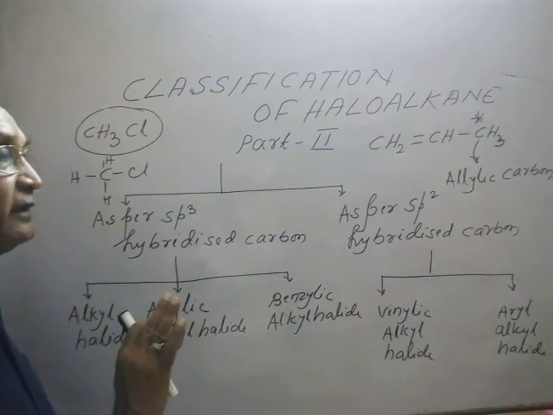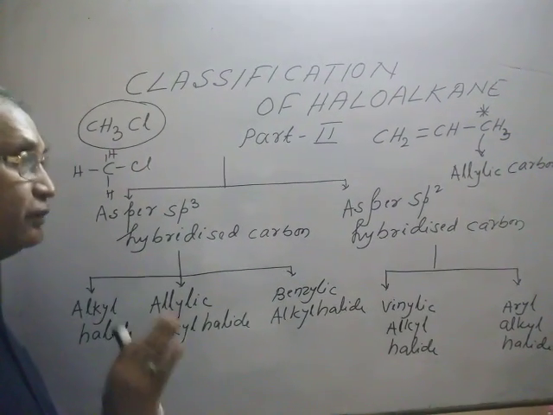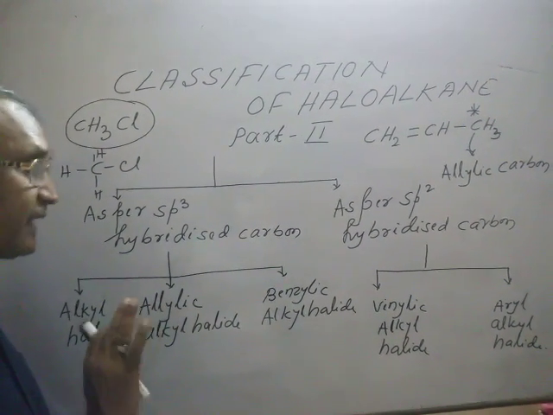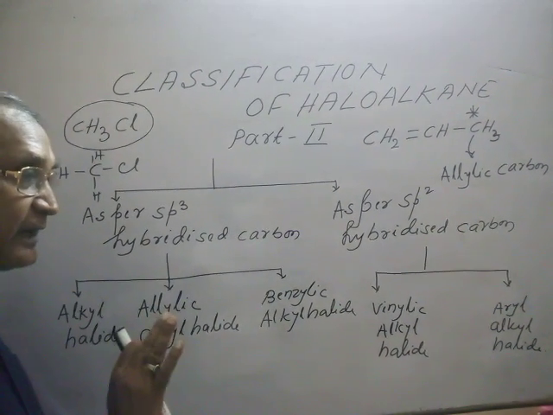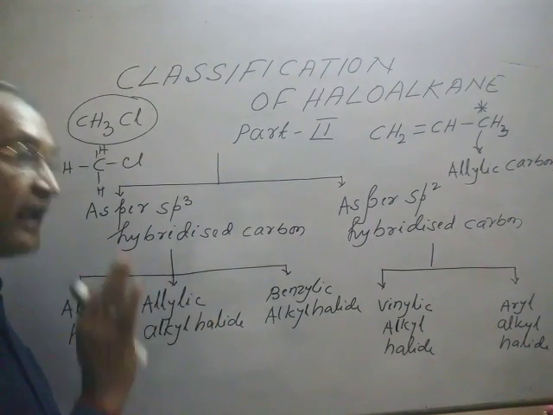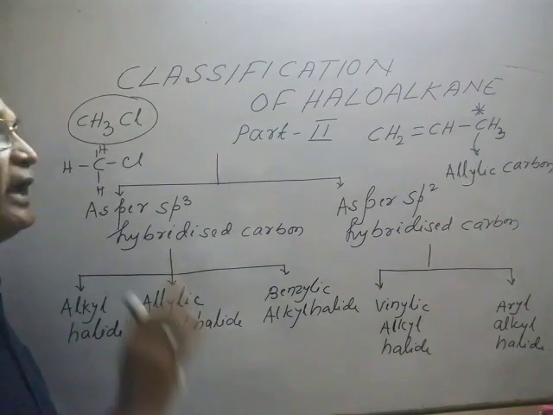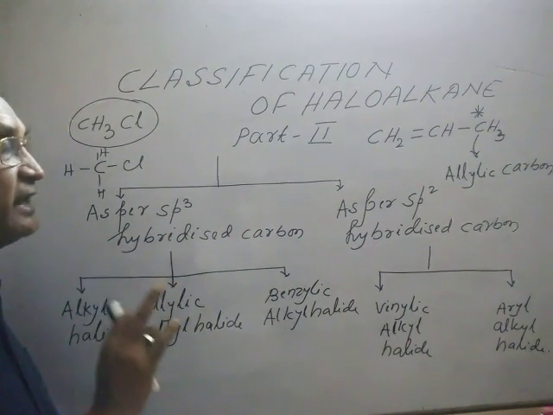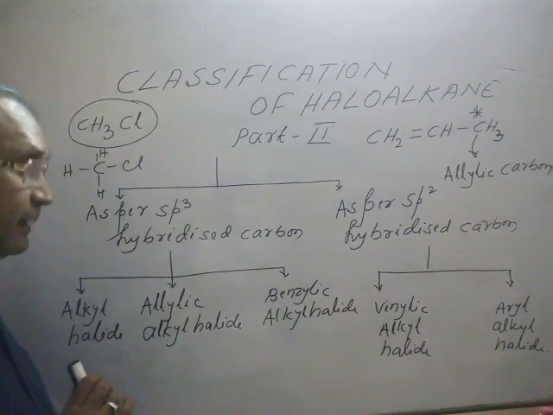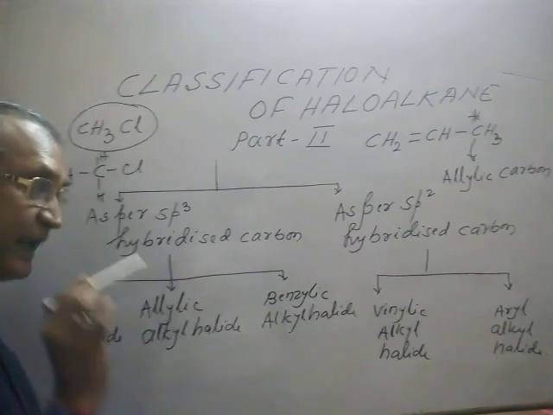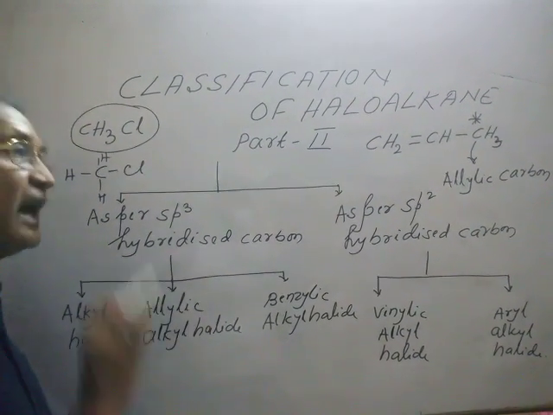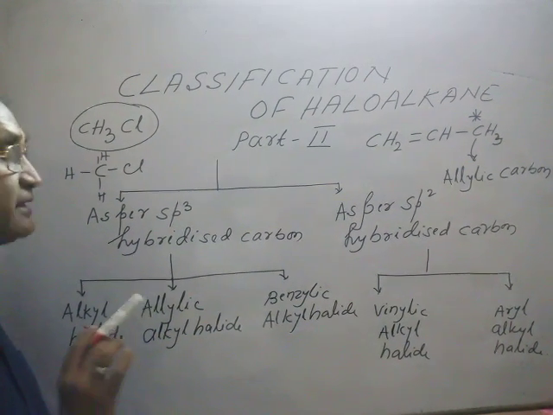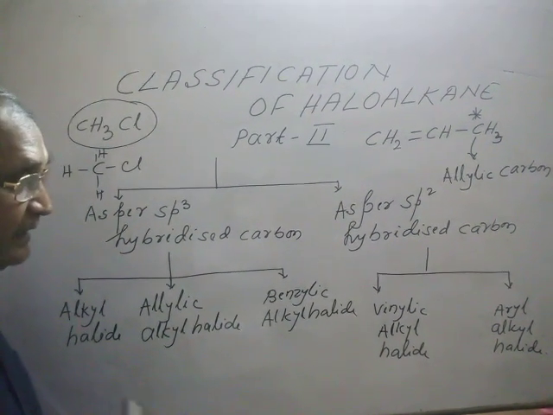What is our vinylic carbon? If we consider any compound where a carbon-carbon double bond is present, then that carbon is known as vinylic carbon. If any halogen joins with that vinylic carbon, that is vinylic alkyl halide.